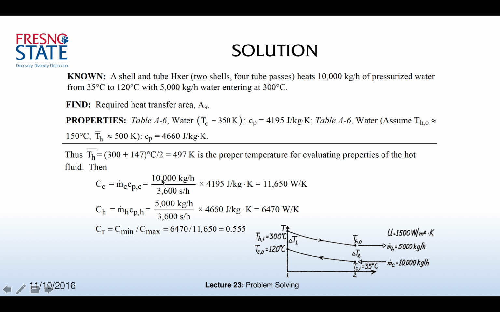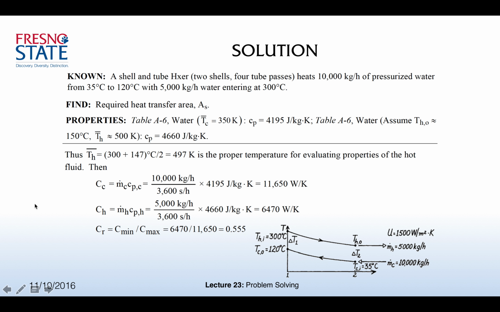Again, 10,000 kilograms per hour divided by 3,600 seconds per hour, multiplied by the CP for cold fluid, 4,195 joules per kilogram Kelvin. It gives us a heat capacity for the cold fluid of 11,650 watts per Kelvin.